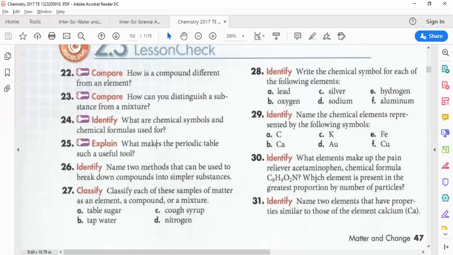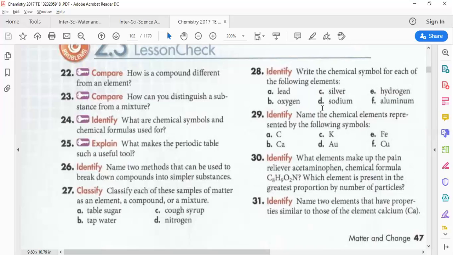First of all, we have carbon, hydrogen, and oxygen, and they are not pain relievers. But nitrogen will act as a good pain reliever when it's added to carbon, hydrogen, and oxygen. And which element is represented in the greatest proportion here? It will be hydrogen, with 9 in this proportion.